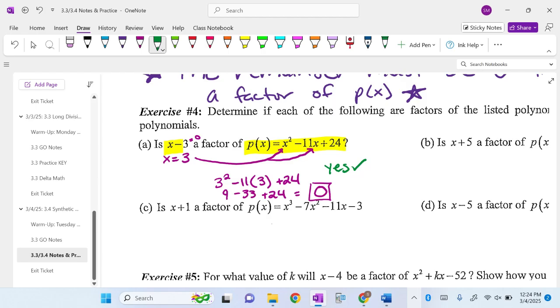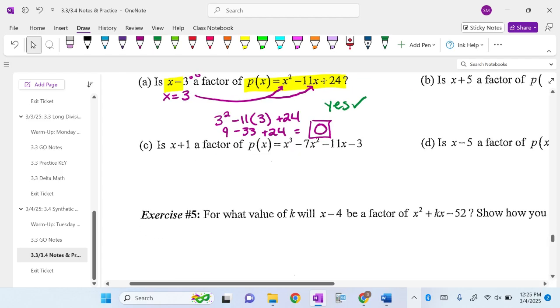Two numbers that multiply to 24 but add to negative 11 are negative 8 and negative 3. So (x minus 3)(x minus 8), and sure enough, x minus 3 is one of the factors. With quadratics you can typically do that. If it's not one of the factors, it isn't a factor.